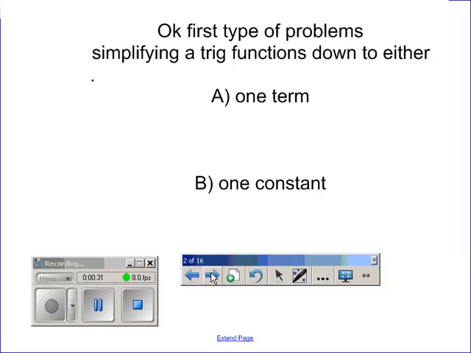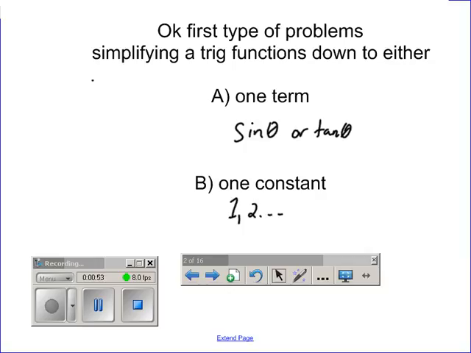All right, so the first type of problems we're going to work with here are being able to simplify these trig functions down to either one term, like sine theta or tangent theta, or one of the other 6 trig functions, or a constant, meaning a number, like 1, 2, and so forth.